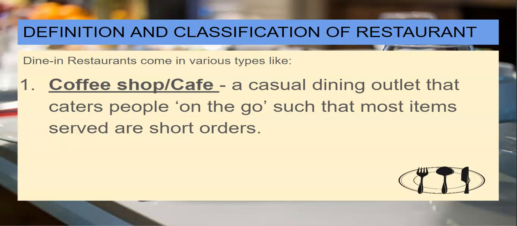Probably all of us have visited a coffee shop. It caters to people on the go, such that most items served are short orders. So how do we classify this as one of the classifications of a restaurant? From the definition, this is on-the-go service.